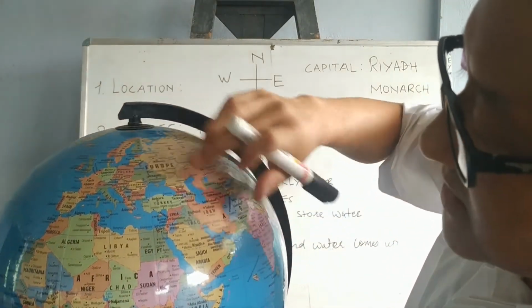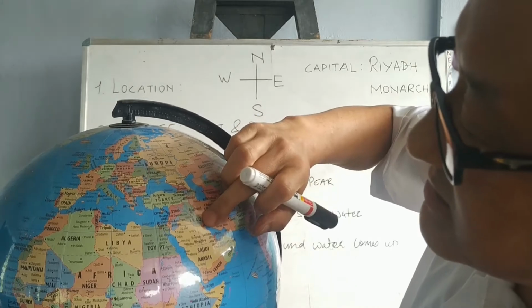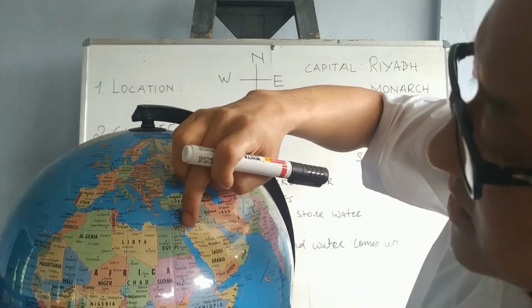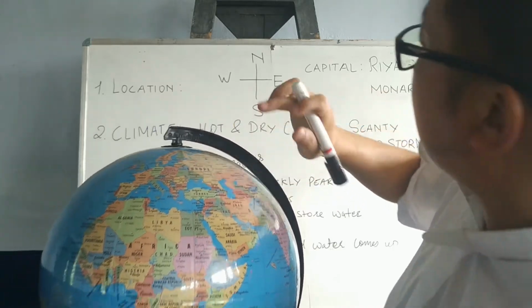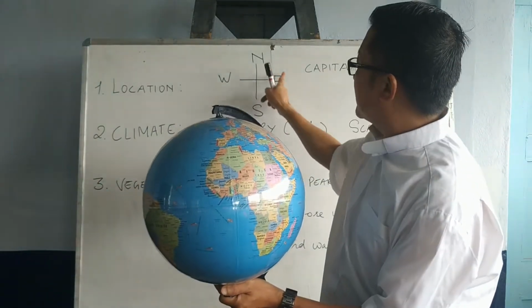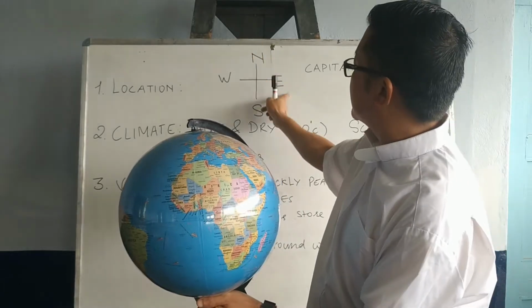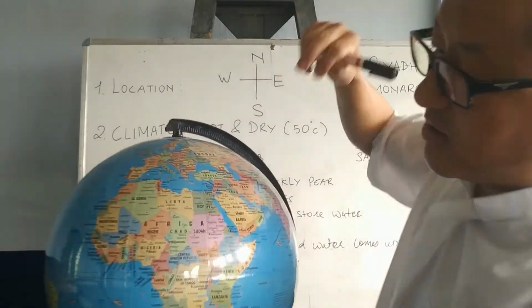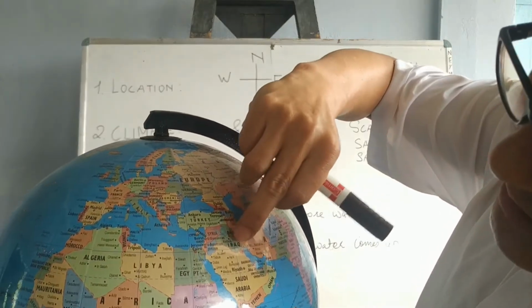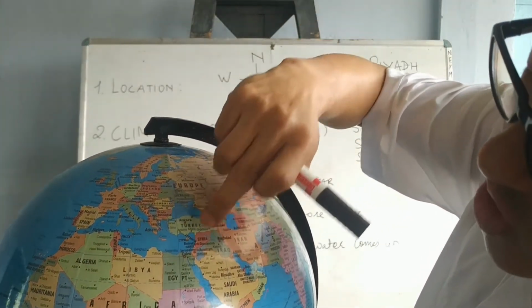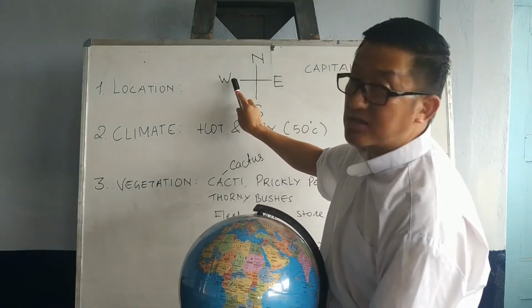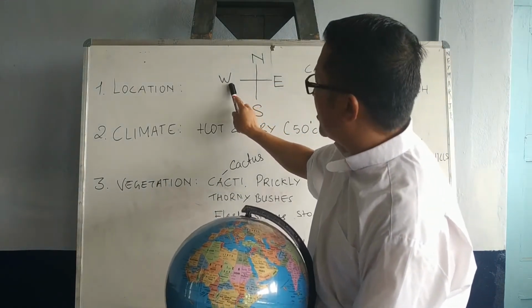Northern side: Iraq, Jordan, Kuwait, all these are on the northern side. Kuwait, you can call it eastern side also, but specifically Iraq and Jordan are on the northern side.